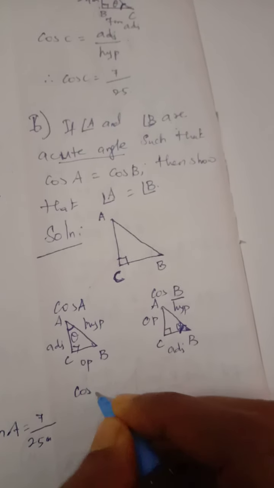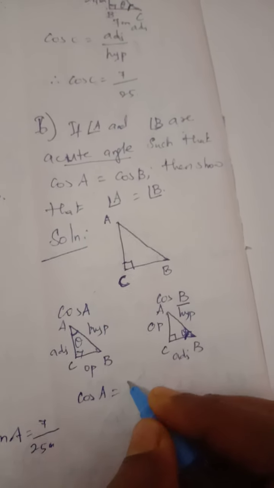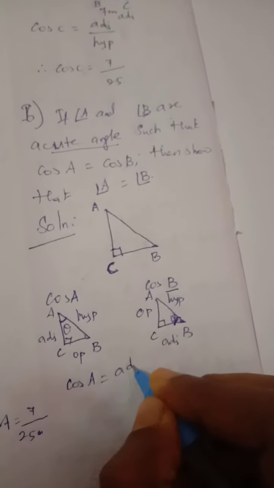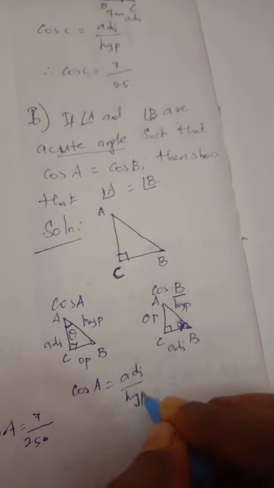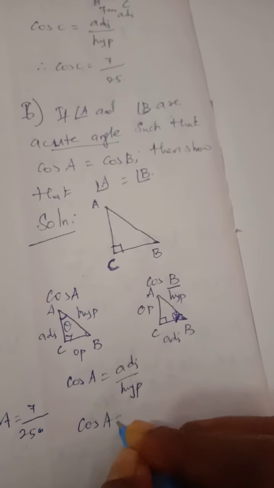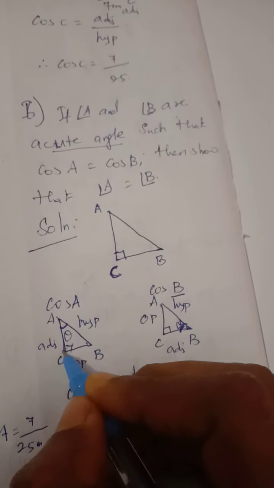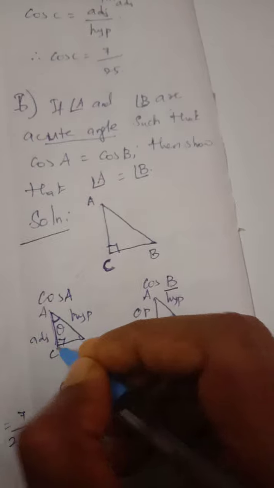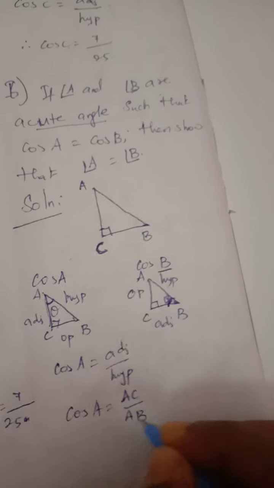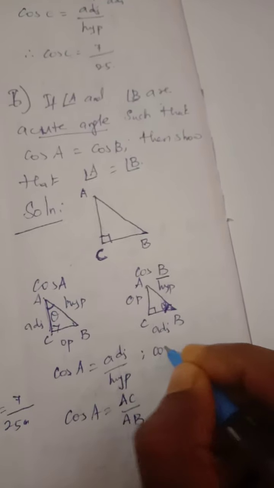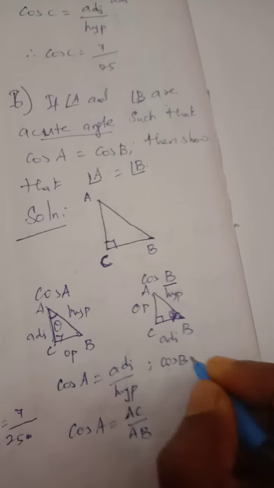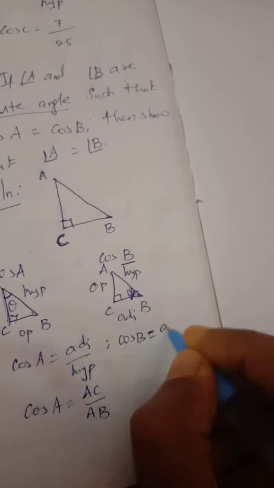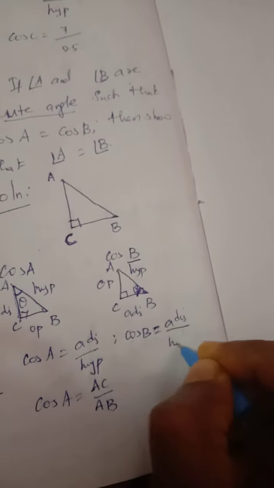What is cos A? That is the ratio of adjacent by hypotenuse. Cos A equal to adjacent, which is AC, since the value is not given, write this side, that is AC, by hypotenuse AB. Similarly, cos B from this diagram, again adjacent by hypotenuse.